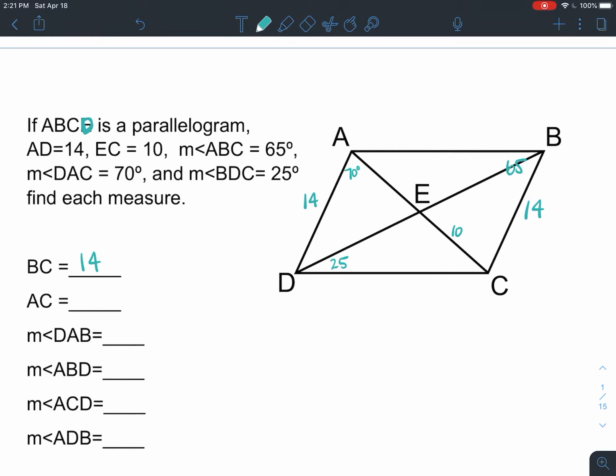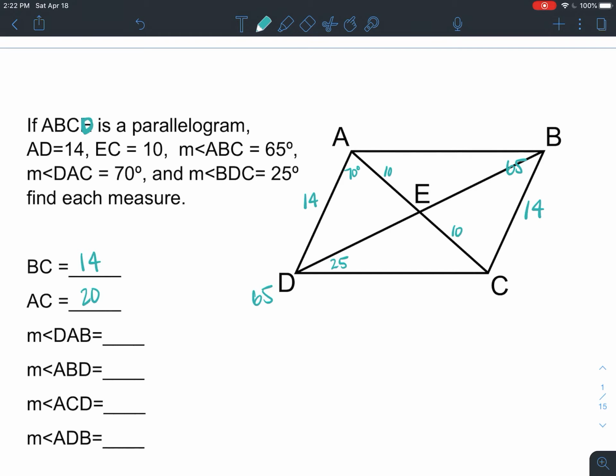Let's see, AC is the diagonal that is being bisected. So if EC is 10, so is AE, which means that AC has a value of 20. And now we're going to work with our angles. So if I'm looking at angle DAB, we know that this entire angle here is 65, and our same side interior angles are going to be supplementary.